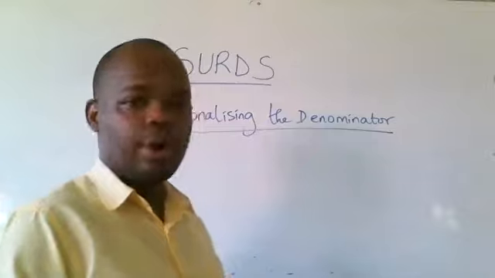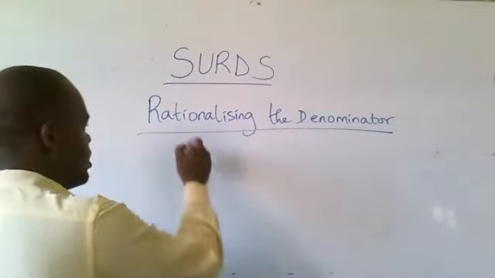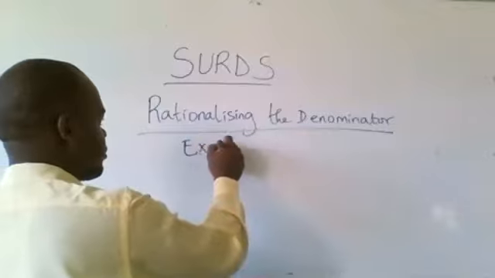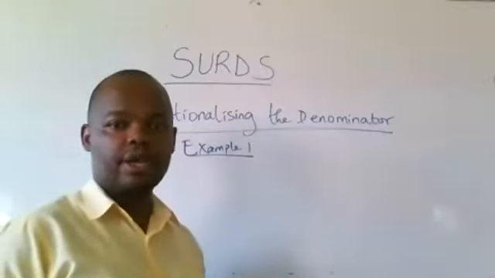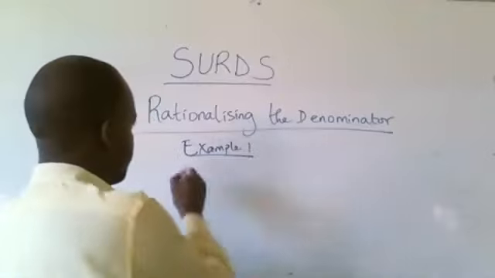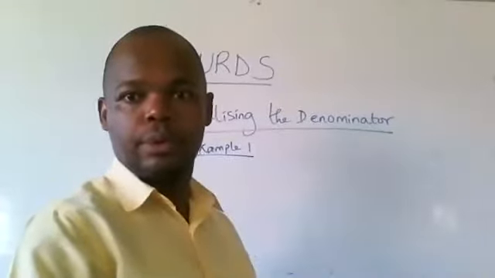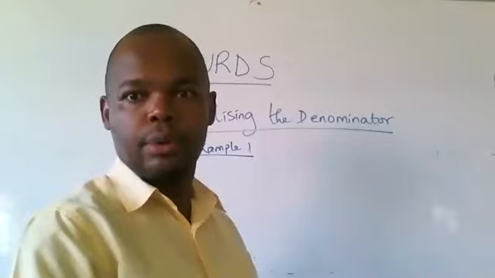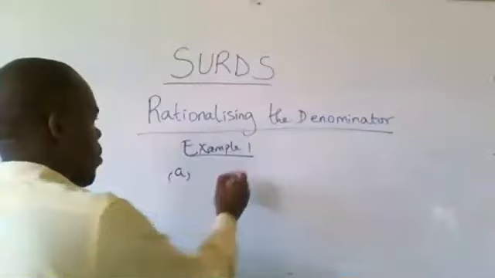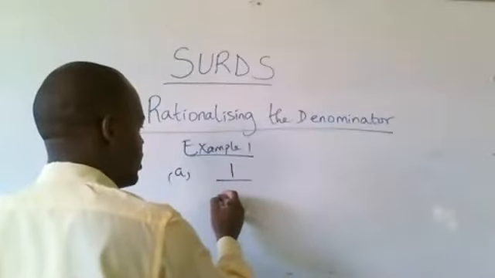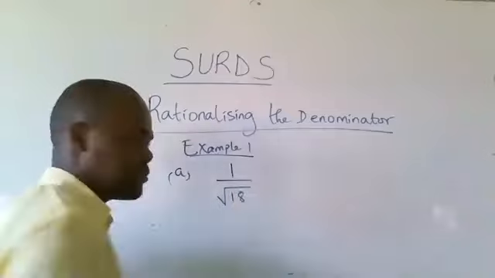Example: rationalize the denominator. Part A, we have 1 over square root of 18.